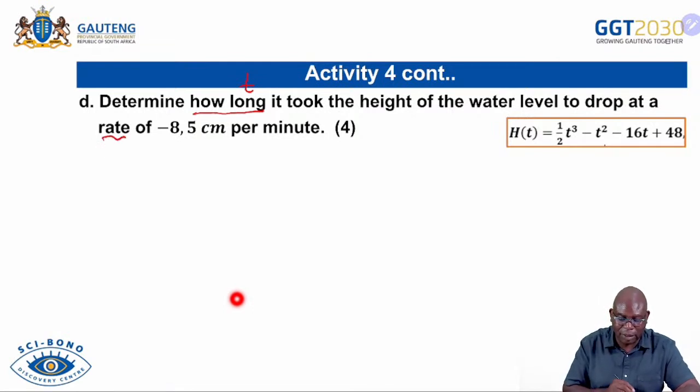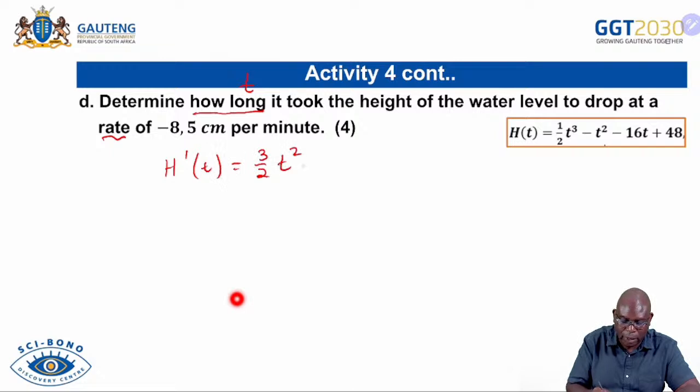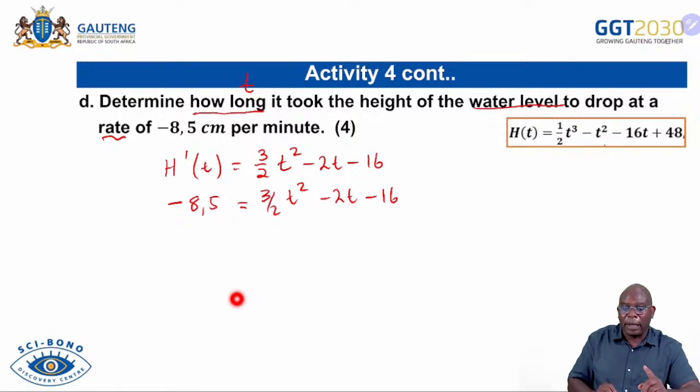So the derivative of h was 3 over 2 t squared minus 2t minus 16. But we're talking about the water level dropping at a rate of 8.5, so here I'm going to put negative 8.5. Remember, here I'm talking about the rate of the drop, negative 8.5.